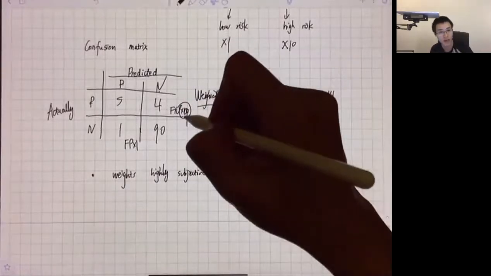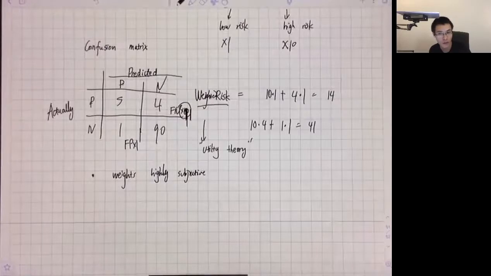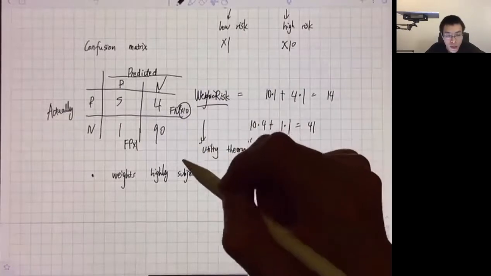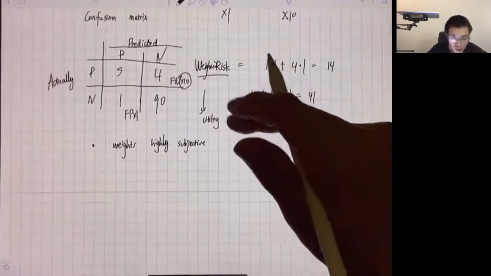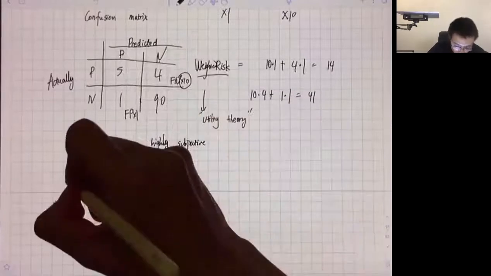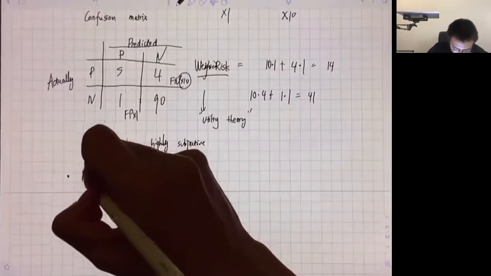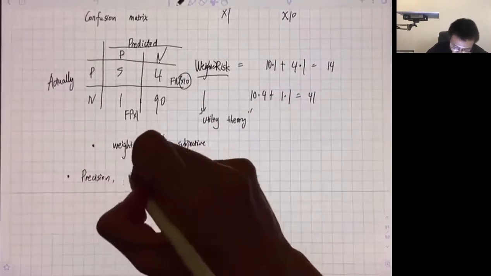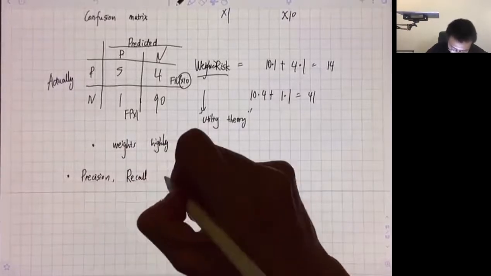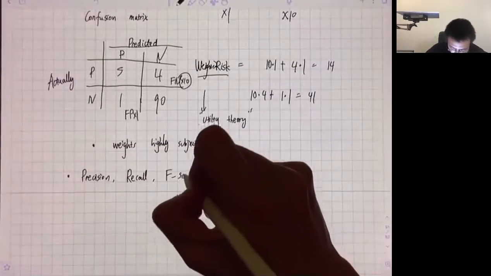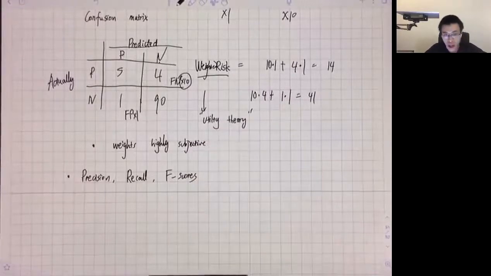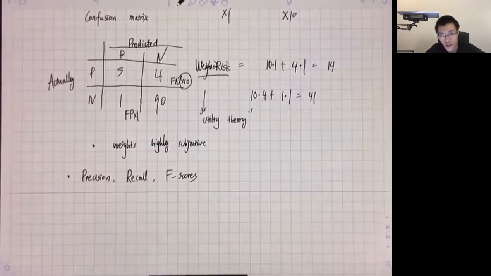The weights are highly subjective, and it's very difficult to convince the reviewer that this is a good weight. To mitigate this problem, I would suggest we use the precision, recall and F scores. These are more robust metrics that cannot be easily cheated, and they don't involve too many subjective weights.